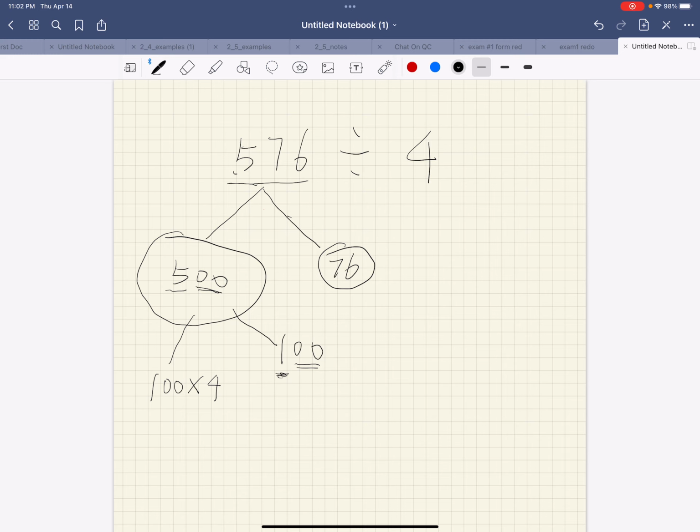So the second step for long division, the procedure, is to consider this. Here we have 76. We know that it is composed of two parts. One is quite a big one, and the other one is a smaller one. The big one is 70. The smaller one is 6.